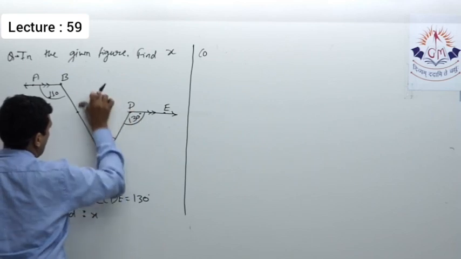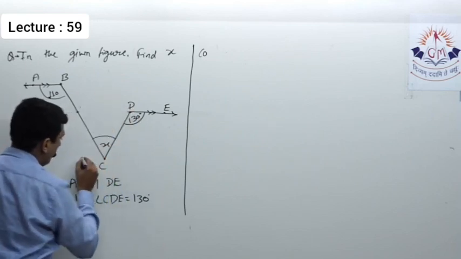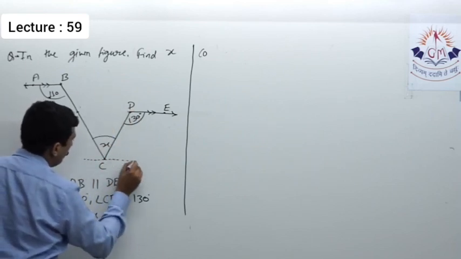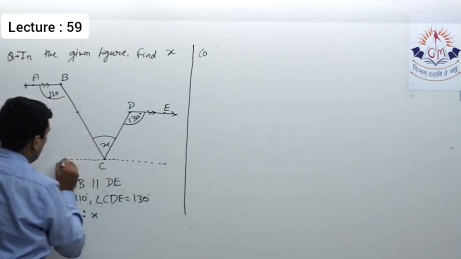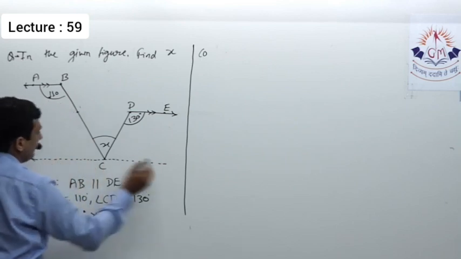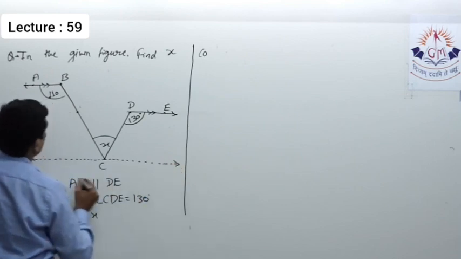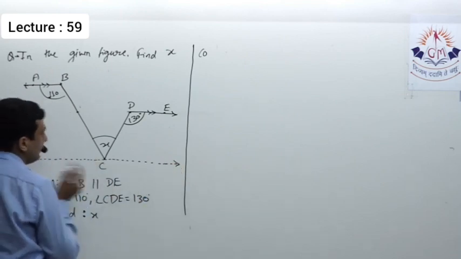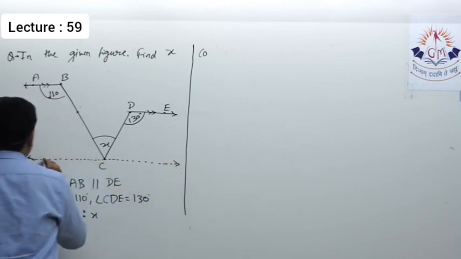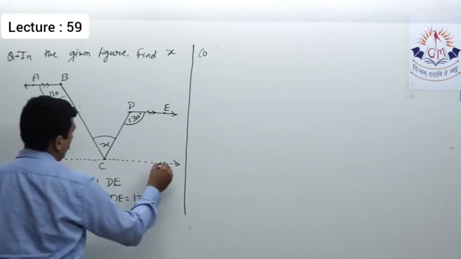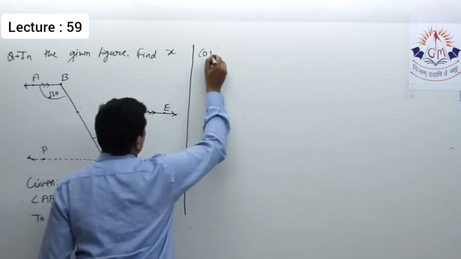If I consider a better way, draw a line parallel to AB and DE passing through C. This will save your time. Let the line be PQ.